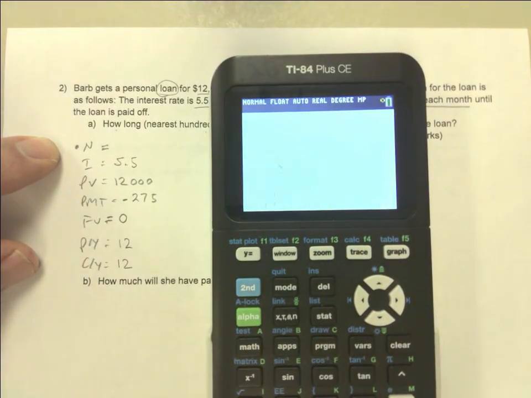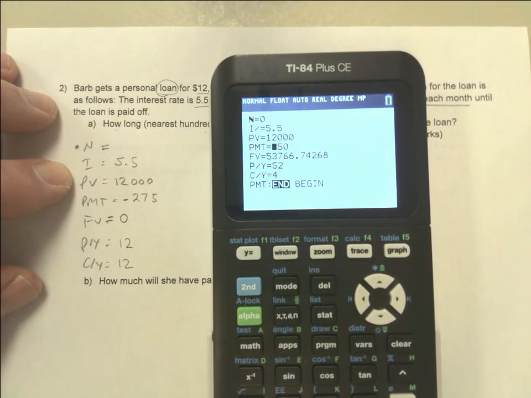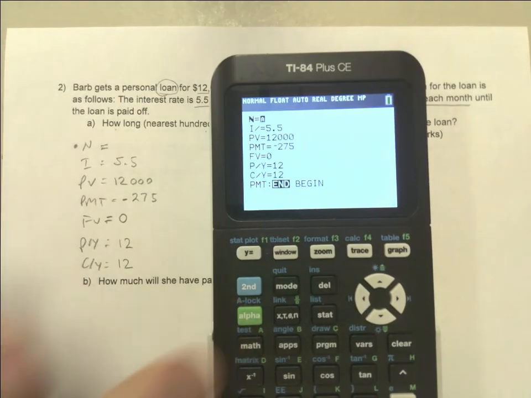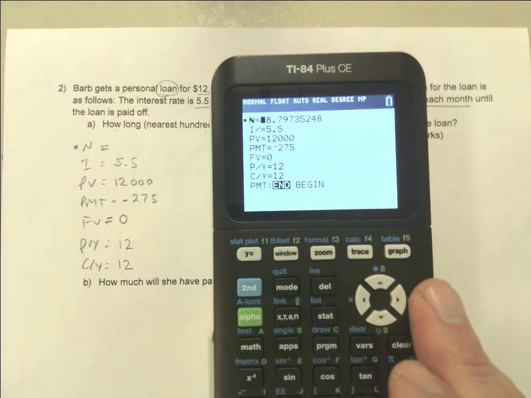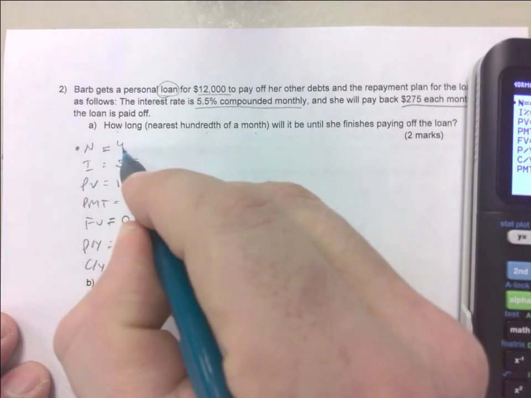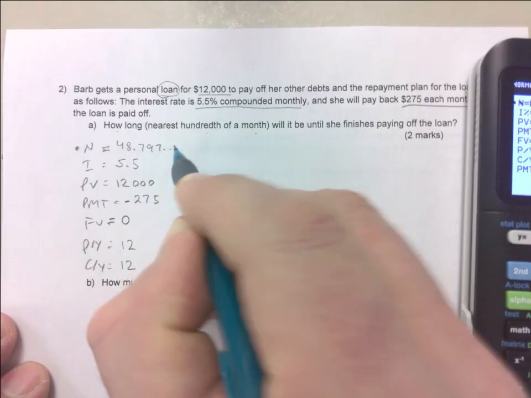We go apps. I'm just going to fill this in real quick. I go alpha enter, and that gives me 48.797. Okay, I'm just going to write that down. 48.797, and that keeps going.